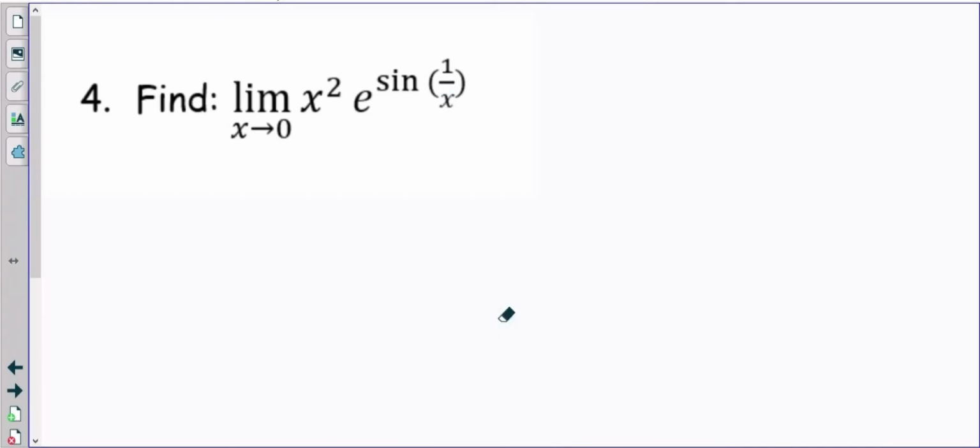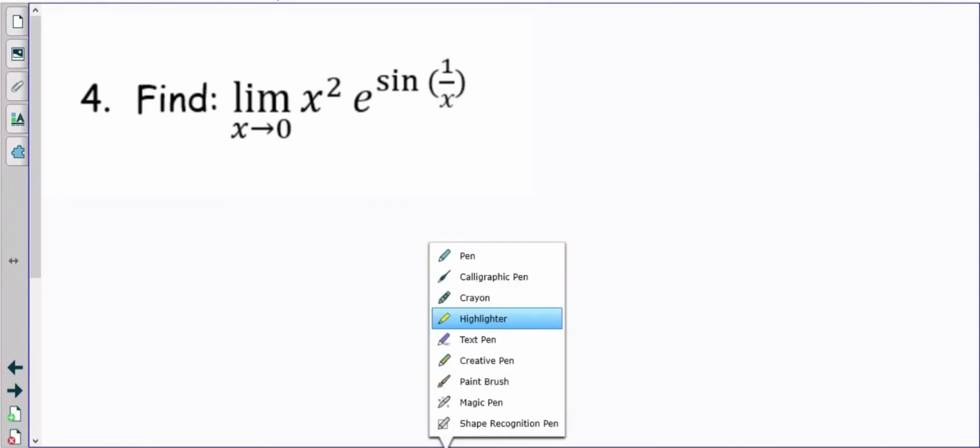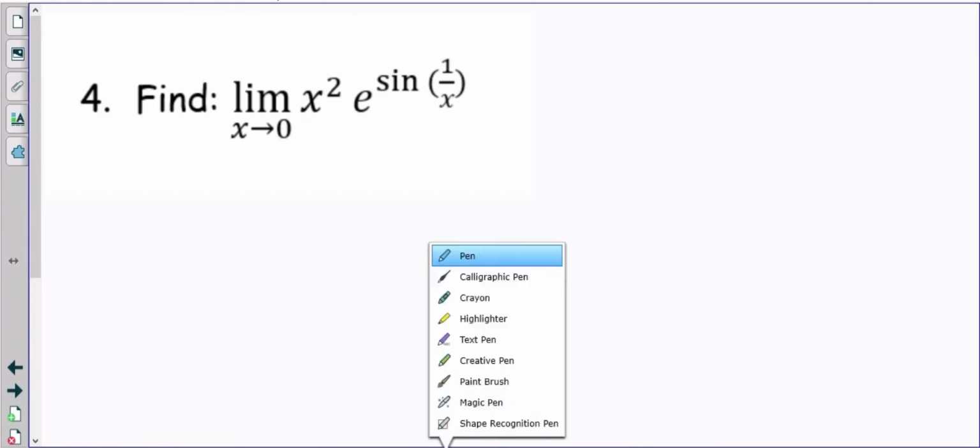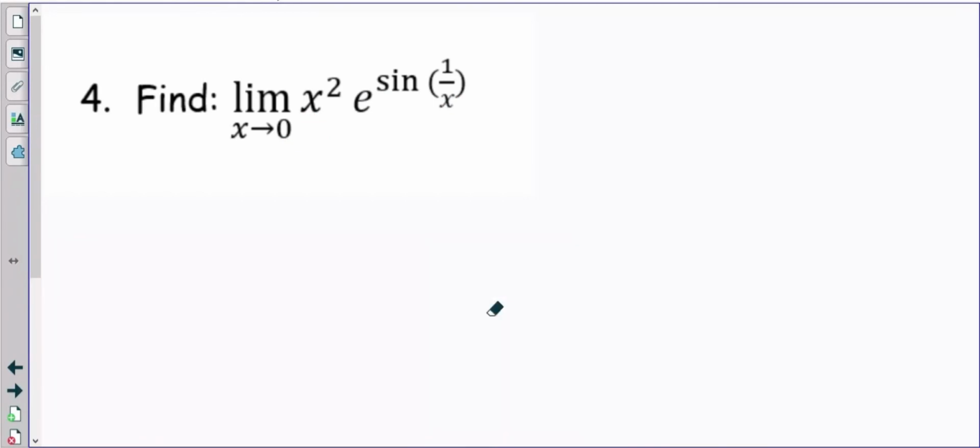So remember, we always are going to start with the most complicated part. And actually, I shouldn't say that. What we should start by trying to do is plugging 0 in, because that's what we always do for a limit. But if we tried to put 0 in, we would have an issue because we can't divide by 0. So we can't do that. So instead, we're going to use the squeeze theorem, and we're going to pick our most complicated part.